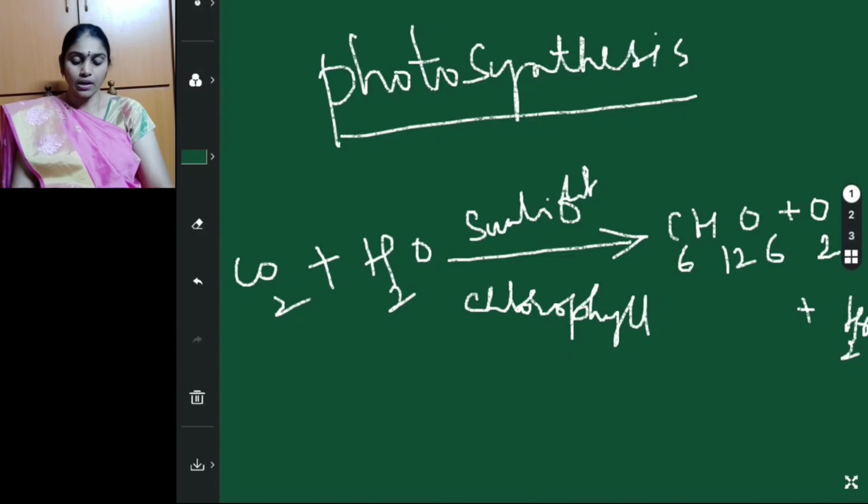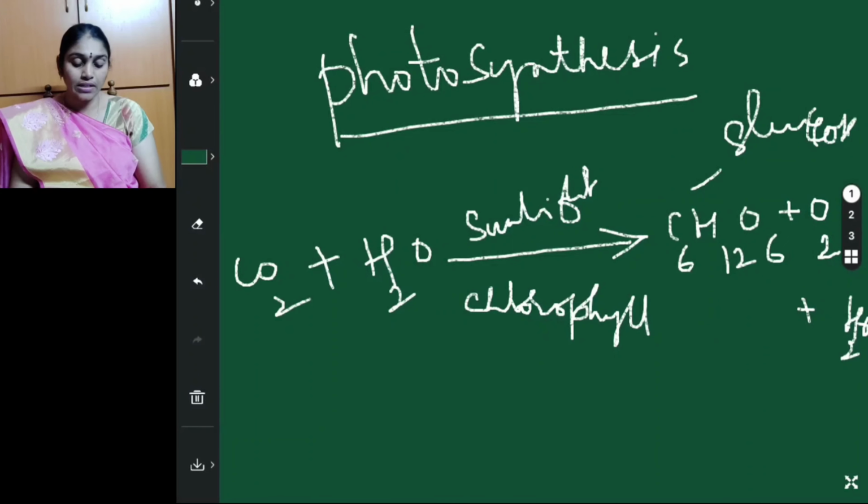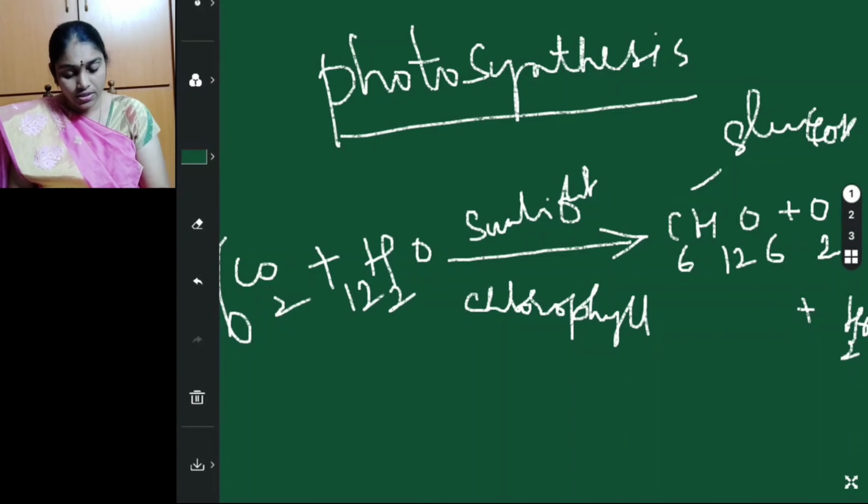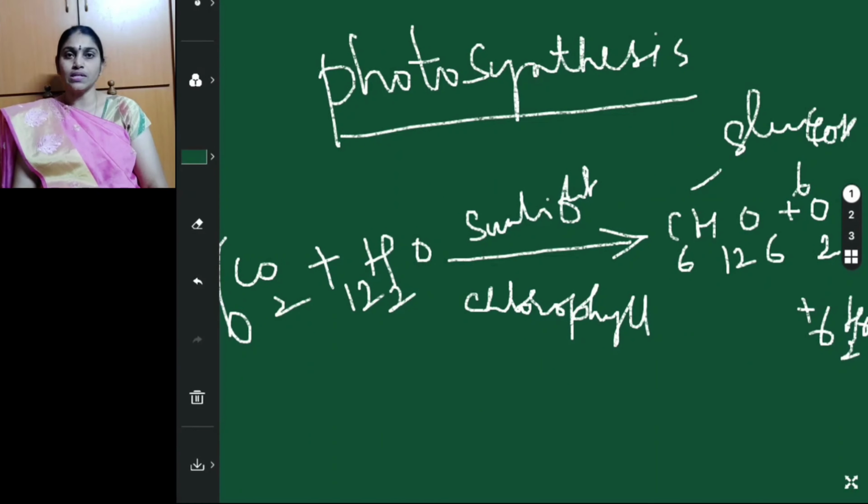This is the skeletal equation. And the balanced one is 6CO2 plus 12H2O gives rise to C6H12O6 plus 6O2 plus 6H2O. This is the balanced photosynthesis equation.